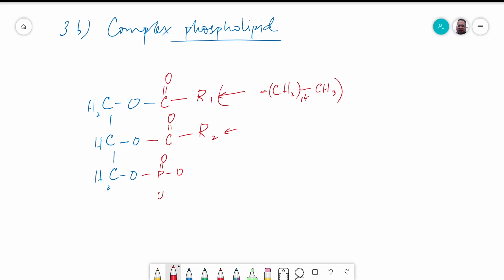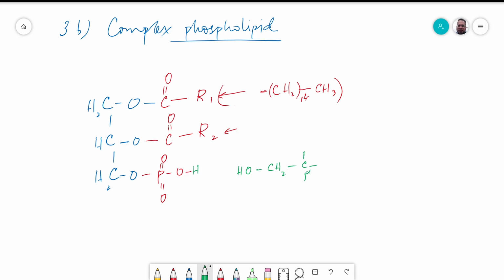Right. So a complex phospholipid is derived from phosphatidate. So I draw phosphatidate, and then here instead of a hydrogen, I'm going to draw hydrogen here. This is phosphatidate, and I'm going to write right next to it the amino acid that we all know from before.